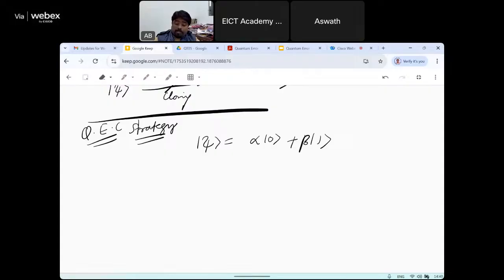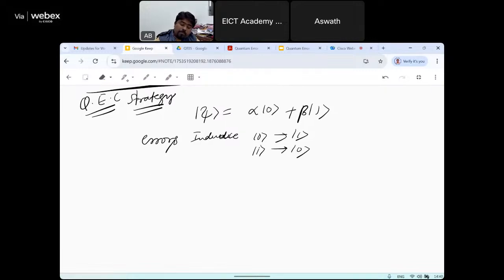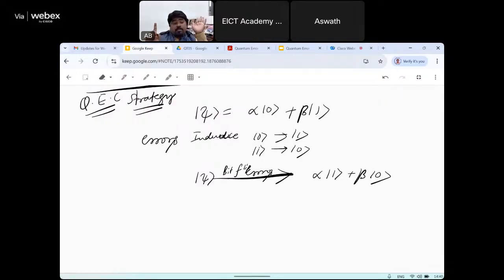Remember, in this case the errors induce 0 to 1 and 1 to 0. The errors would lead to a bit flip error, which gives alpha 1 plus beta 0. Remember, the probability amplitudes got changed. When the probability amplitudes are the same, it is not an issue. Equally probable situation.